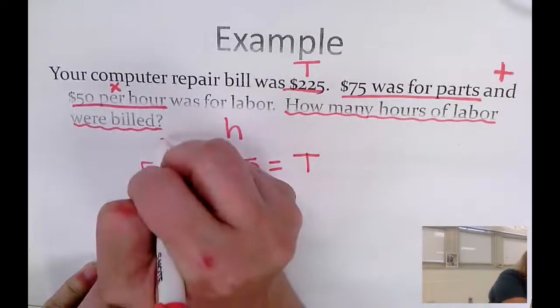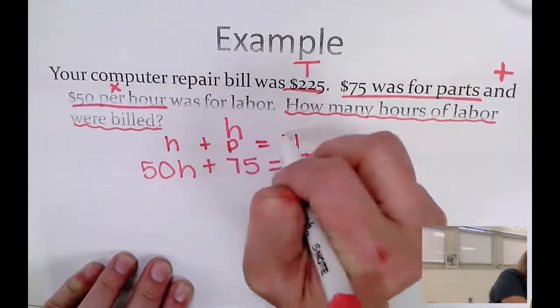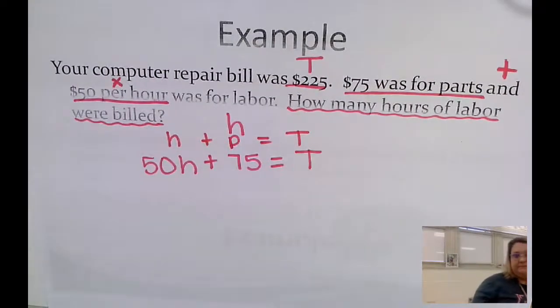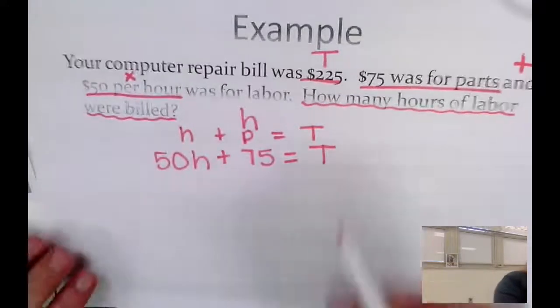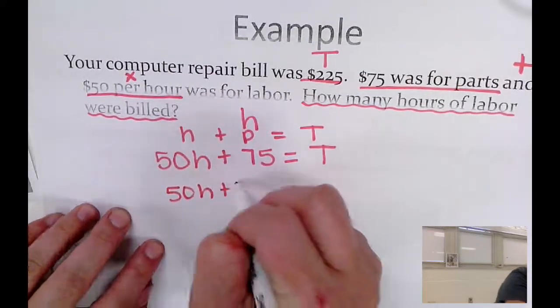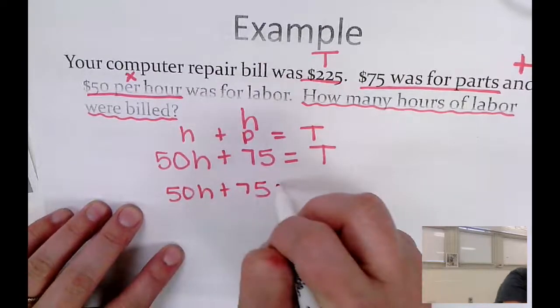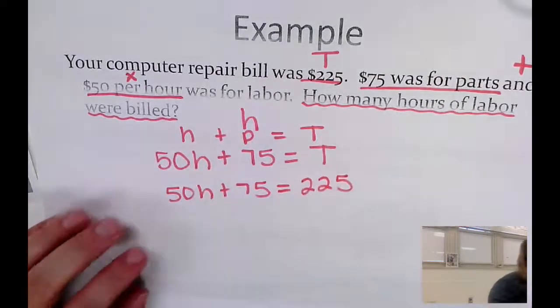How we're going to solve. Our total was $225, so I have 50H plus $75 for parts equals $225. Okay, so our first step for solving, we are going to subtract our constant from both sides.